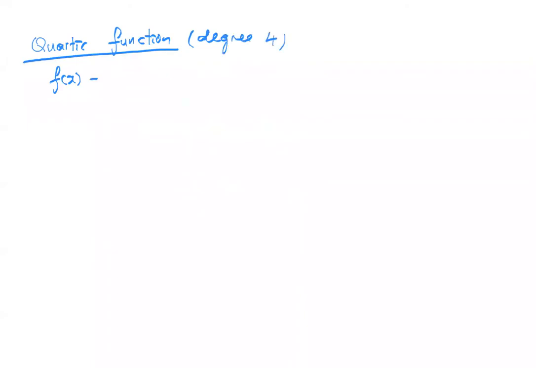So the function will be ax to the power 4 plus bx cubed plus cx squared plus dx plus, okay. So for the next alphabet, it's up to you. You can put whatever alphabet you want.